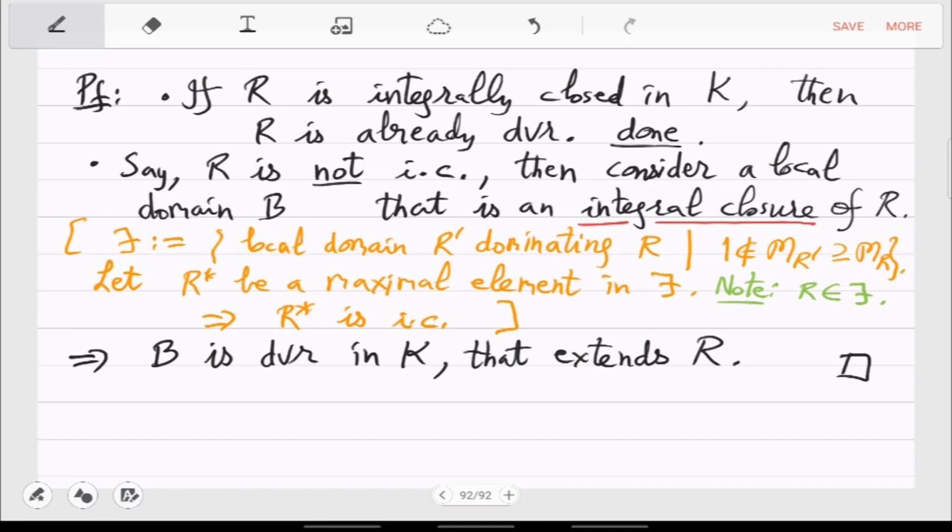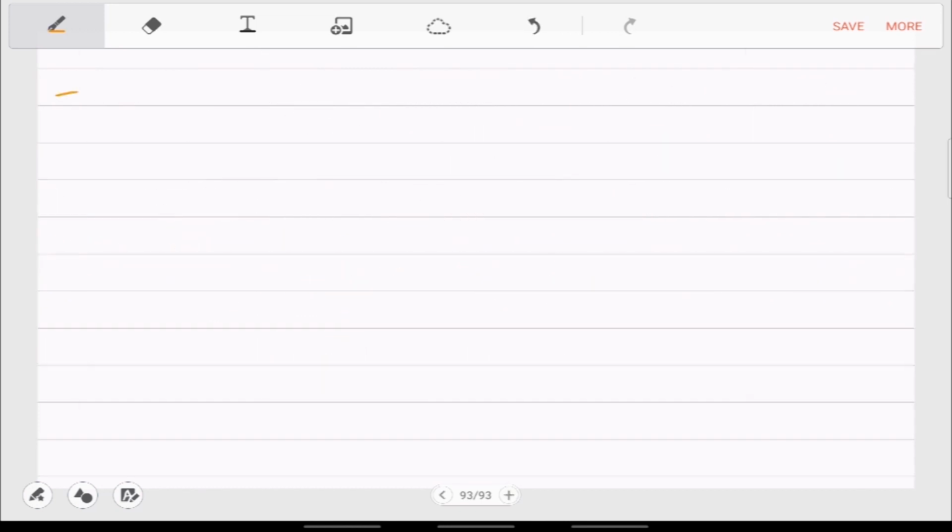Yeah, so again the same old example you can interpret. The case of this curve, and R is the germs at 0.